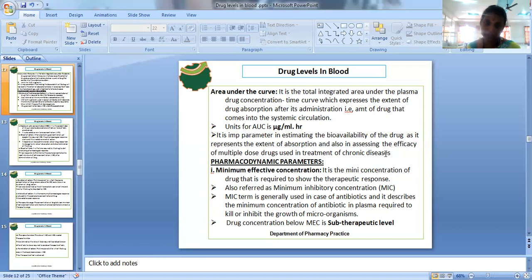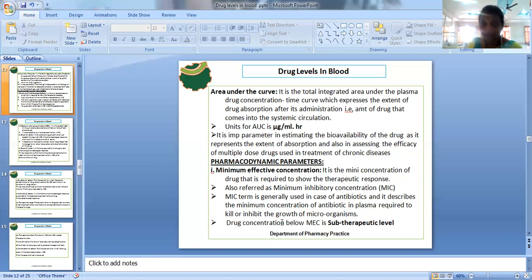The concentration that is responsible for showing the therapeutic response is said to be the minimum effective concentration. Beyond that minimum effective concentration, the actual therapeutic action starts. It is also referred to as the minimum inhibitory concentration, though commonly it is used as the minimum effective concentration only.